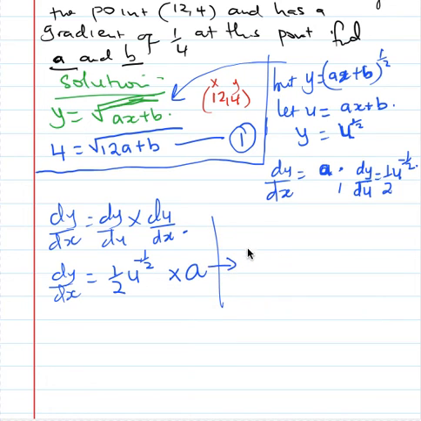This can be a over 2 times the square root of u, and remember our u was ax plus b.